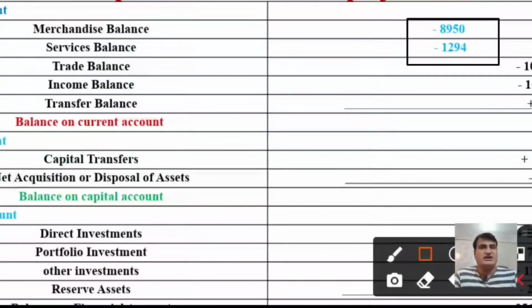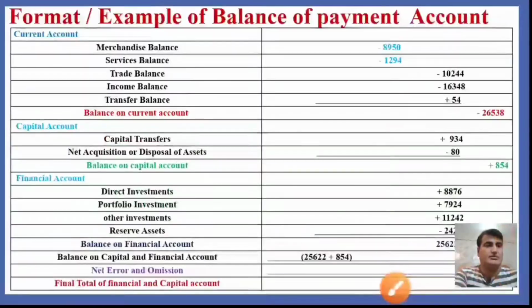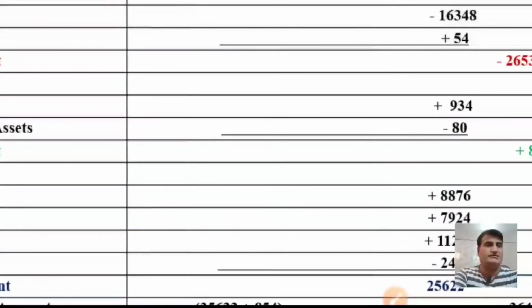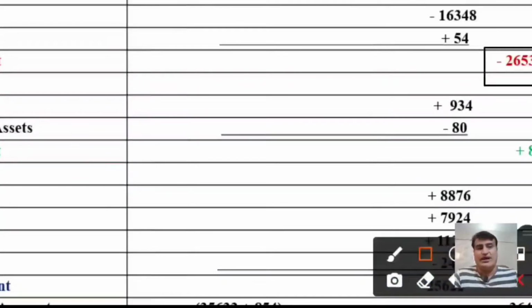The sum of the merchandise balance and the service balance becomes the trade balance, that is $10,244 million, and the income balance is also negative, 16,348, whereas the transfer balance is $54 million, which is positive. By summing up all these, the balance on current account finally is $26,538 million. Current account balance is in deficit.